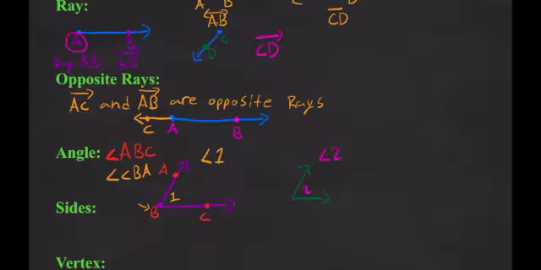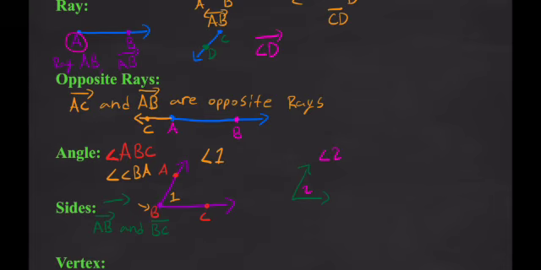Sides. In terms of an angle, the sides of the angle are just the two rays that are joined together. Looking at this purple angle, the sides are ray AB and BC.